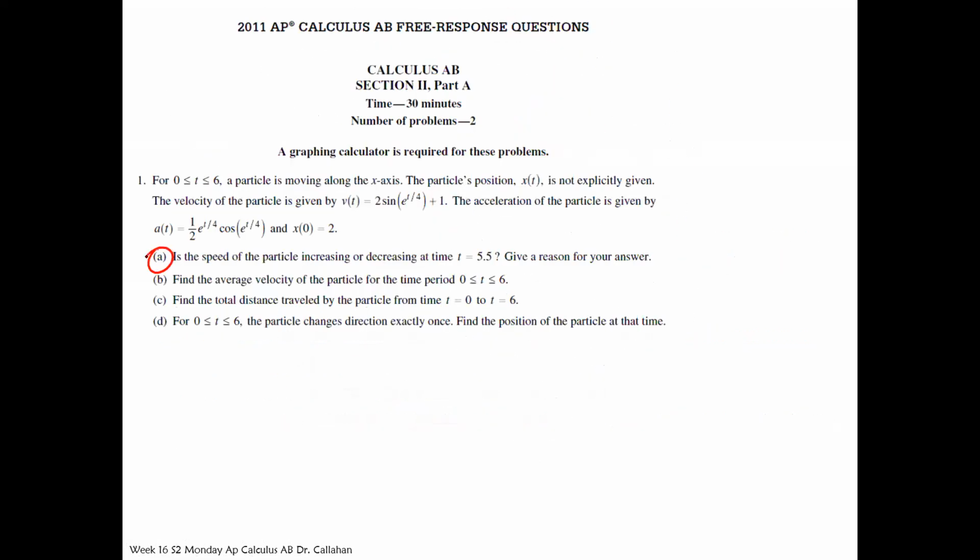It's asking you, is the speed of the particle increasing or decreasing at t equals 5.5? Since it is talking about speed, you are looking at velocity. So essentially, we're looking at v of 5.5. You can just use your calculator for this. Go to your TI84, go to graph, and plug it in.